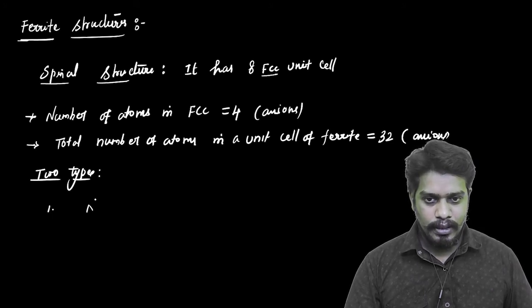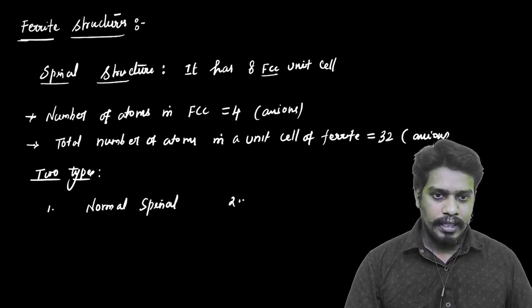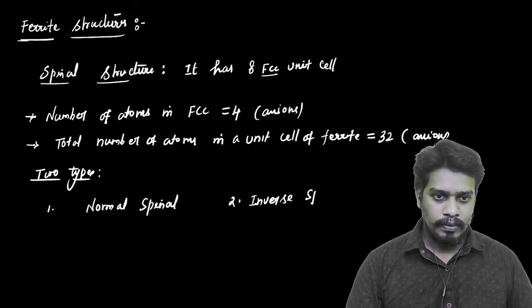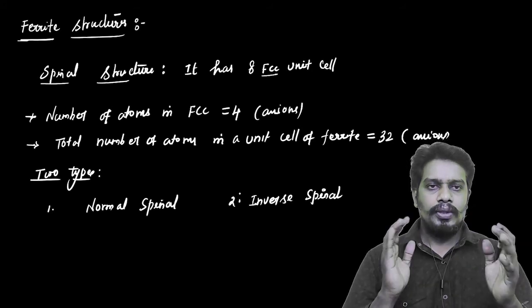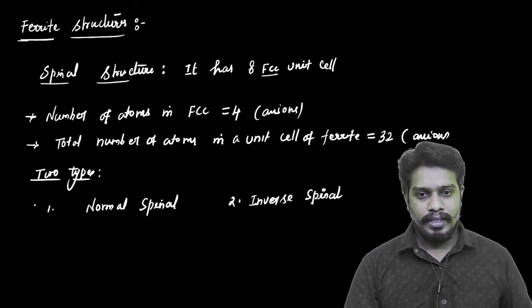The first one is the normal spinel structure, and the second one is the inverse spinel structure.